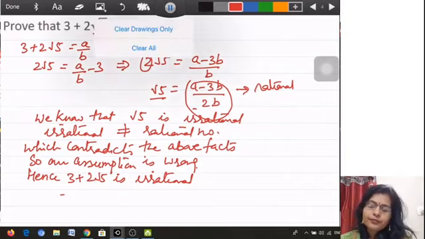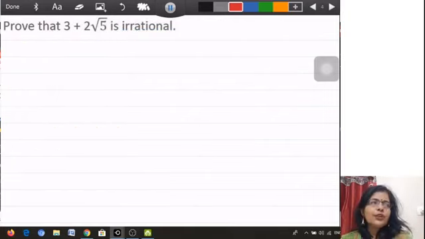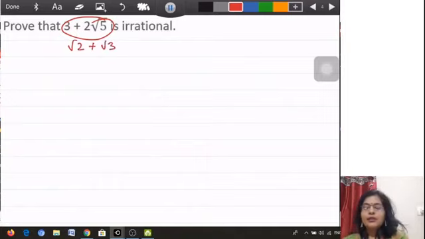One question is: prove that root 2 plus root 3 is irrational. In this case we have to proceed in the same way. We have to write that let a upon b be the rational number where a and b are co-prime.